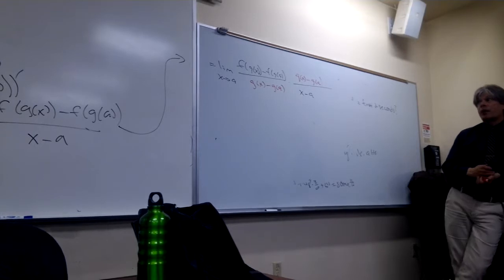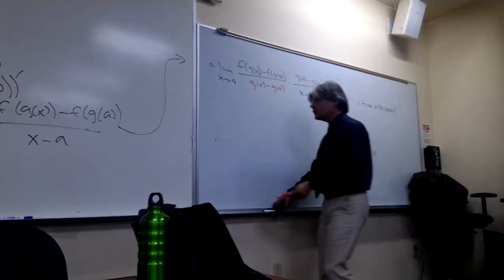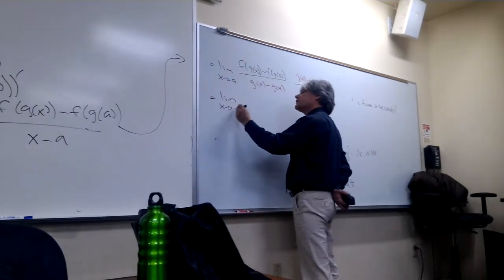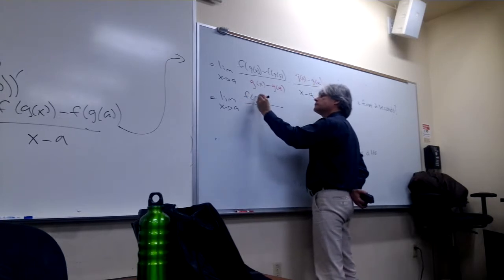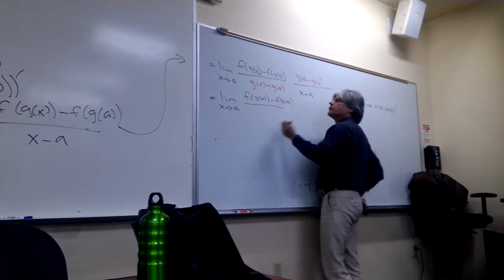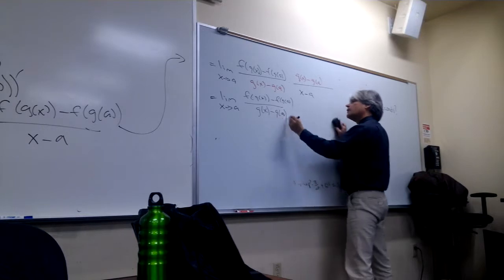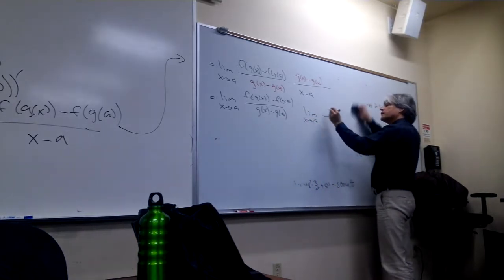However, you and I are well versed with limit theory, and we understand that the limit of a product is the product of two limits. So I've got the limit as x approaches a of f of g of x minus f of g of a over g of x minus g of a, times the limit as x does its thing of this particular ratio.